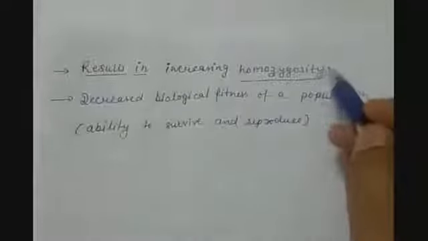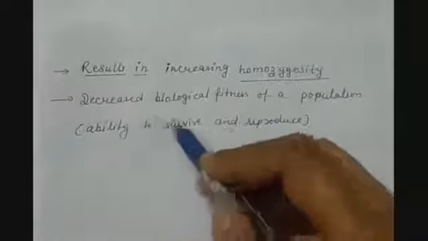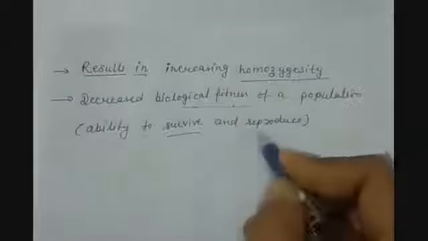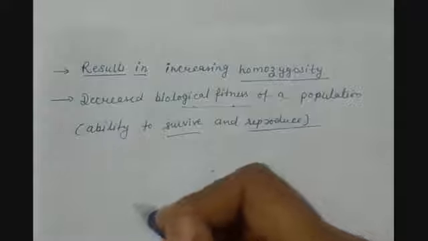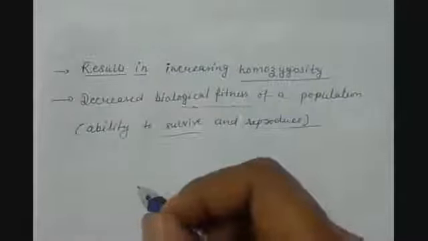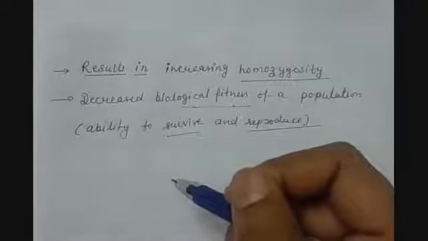Because of the lack of variations in the offsprings, there can be a decrease in the biological fitness of a population. Biological fitness here means the ability to survive and reproduce, and that will decrease. So this is how inbreeding is harmful for the offsprings. It will cause a lack in the characteristics of the offsprings.